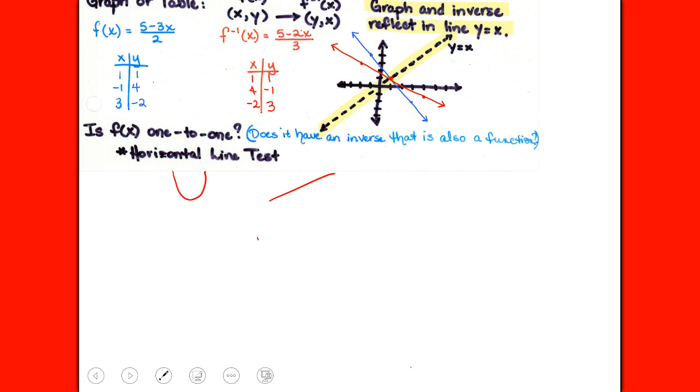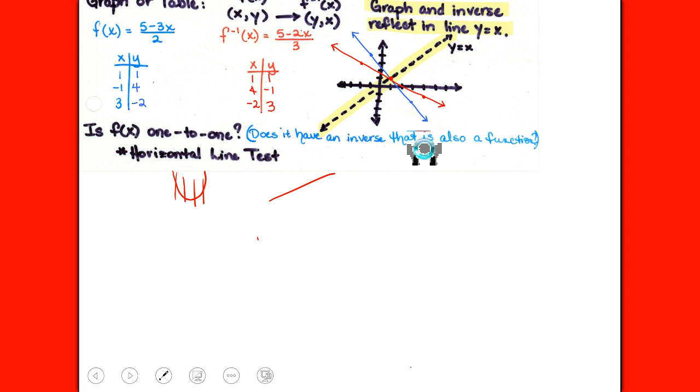So what was the fast, easy way that we could tell if we had the graph of a function? Some kind of test that we did. Close. Vertical line test, yes. So we would go through and draw vertical lines, and if we only hit our graph in one spot or less, then it was a function.